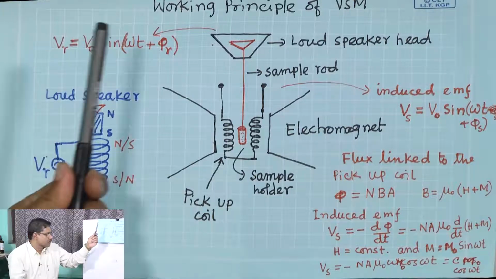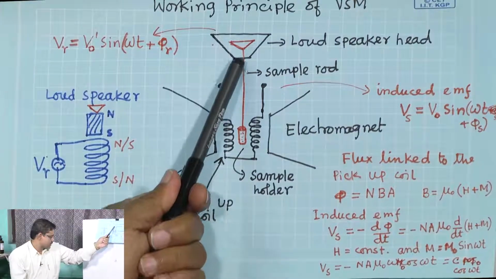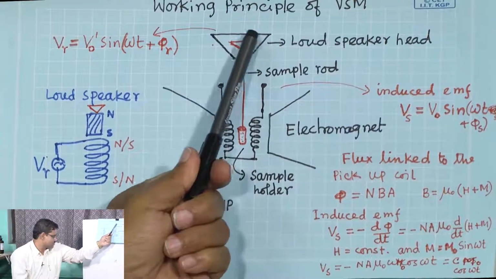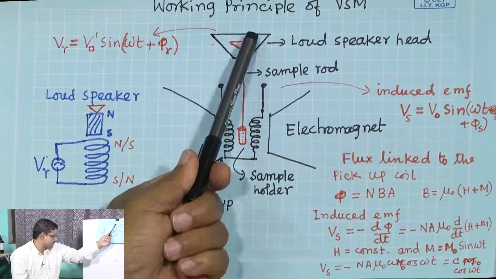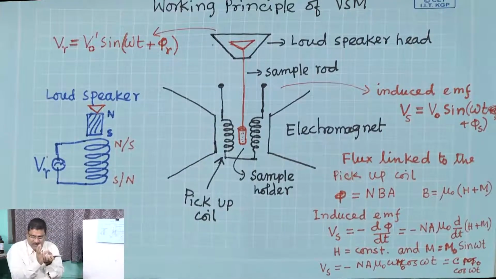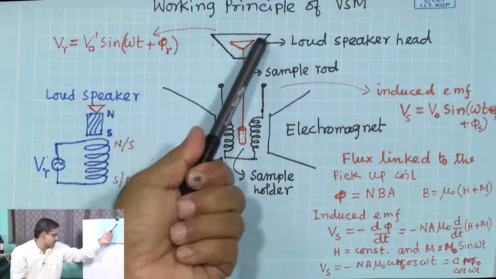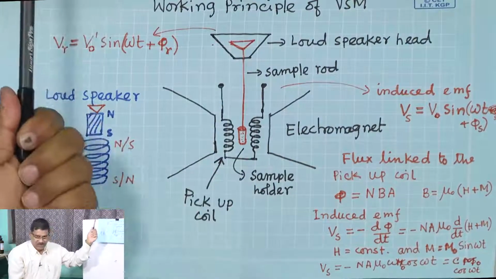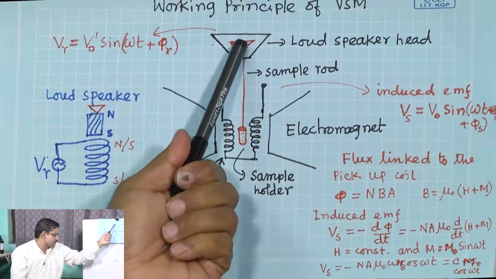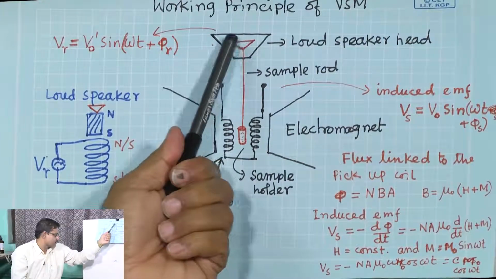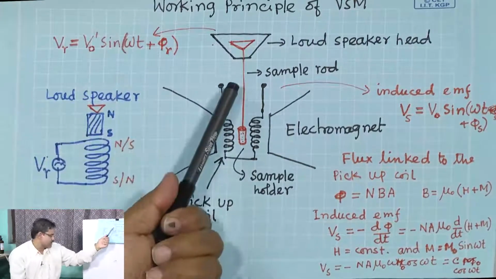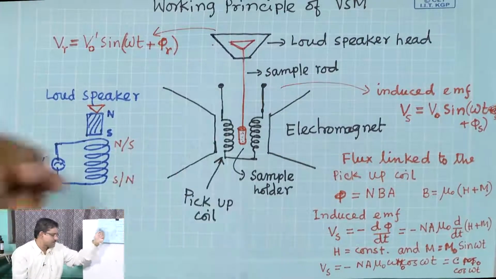I will tell the principle of the loudspeaker. Here this red one is attached to the loudspeaker head. This is in a box, the loudspeaker box. As a whole, this is the arrangement for the loudspeaker. See, this rod is attached to this loudspeaker.